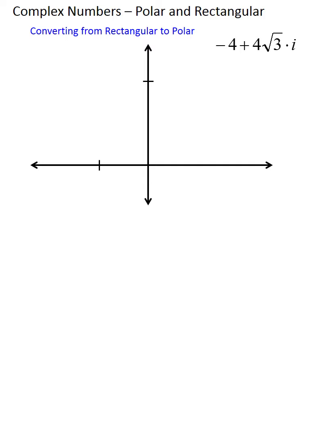And if I want to express this complex number, which is represented by this point, in polar form, I'm going to need to know its distance from the origin and its angle. To find the distance, we could simply use the Pythagorean theorem by realizing that we know these lengths because of the way this complex number was expressed.